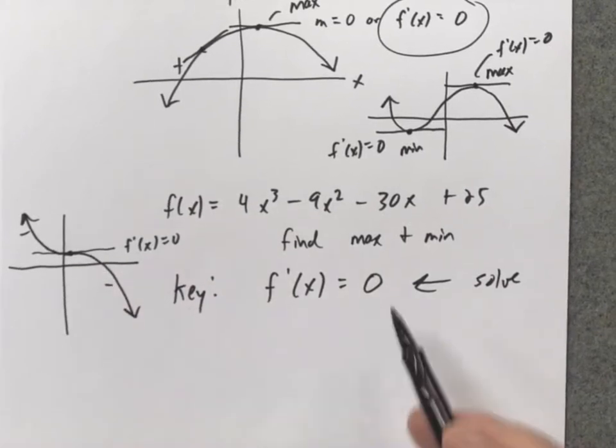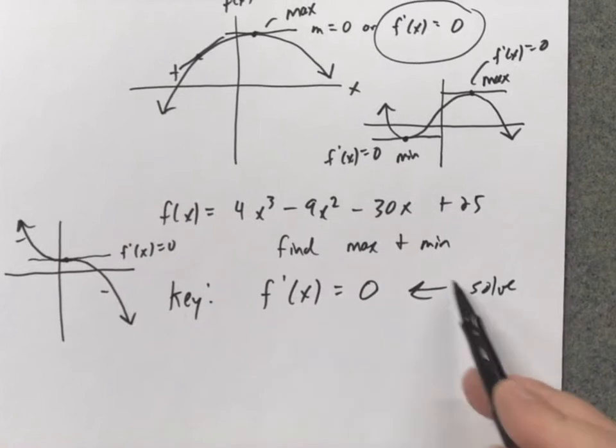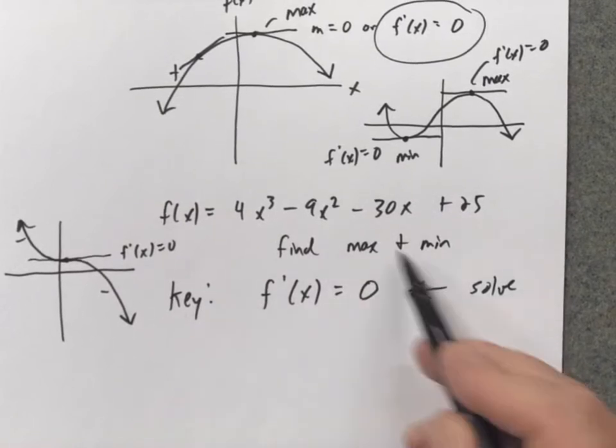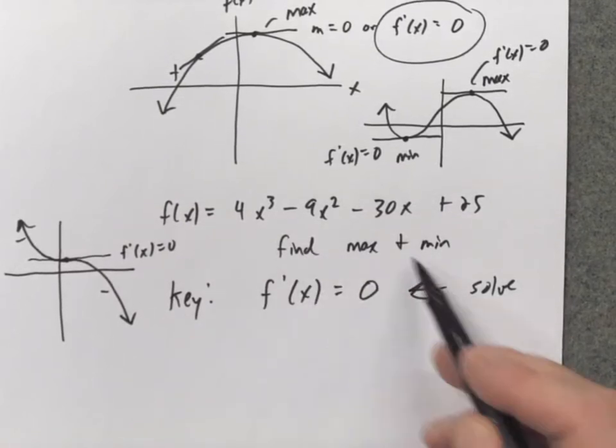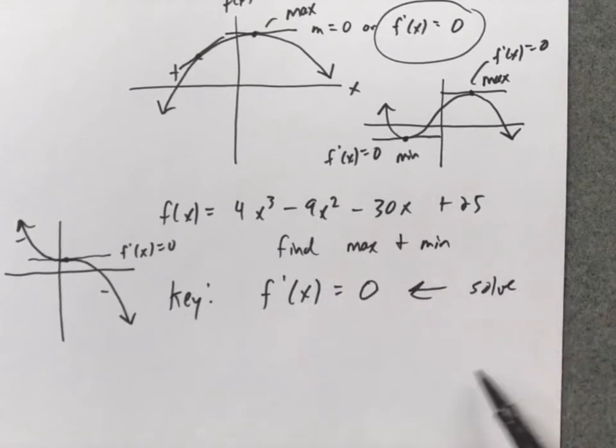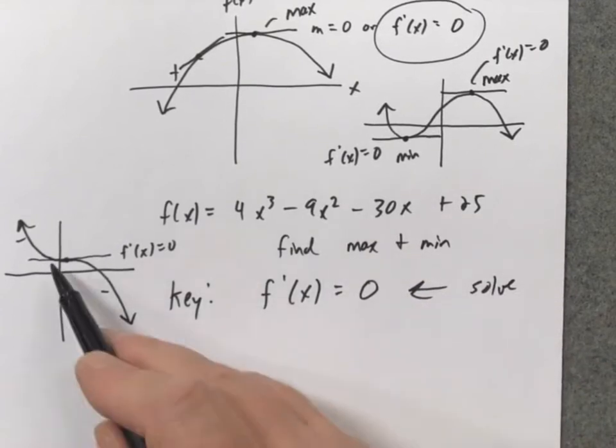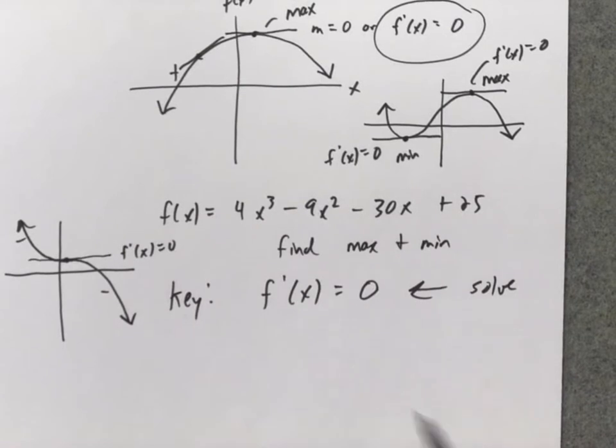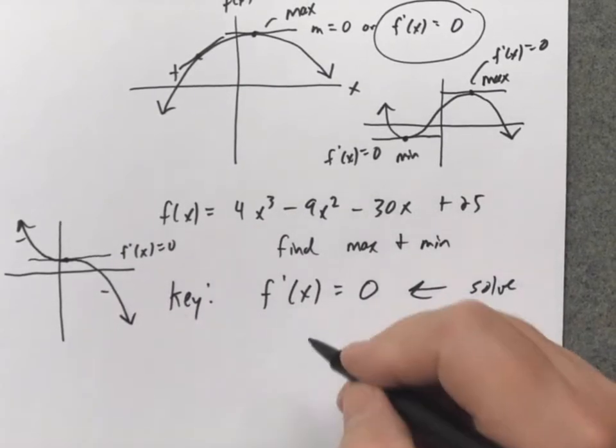So you'll see, we'll do some problems where to find our maxes and mins, we're going to do this. But every once in a while, when we do this kind of problem, our answer is not a max or a min, it's one of these. So that's just a heads up. We'll talk about this a little bit later on, and that'll be clear to you.